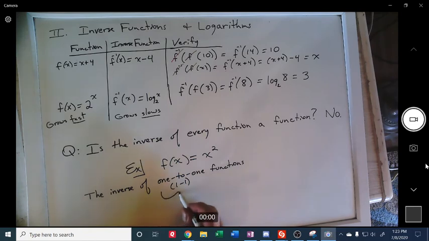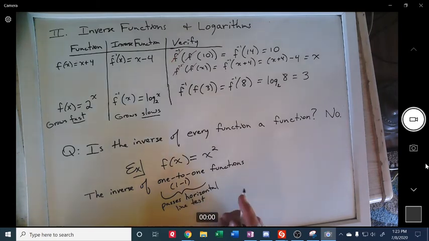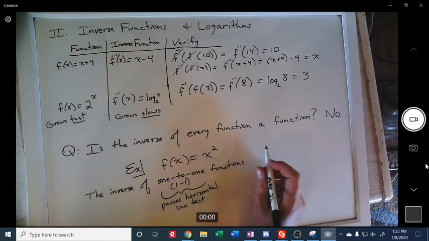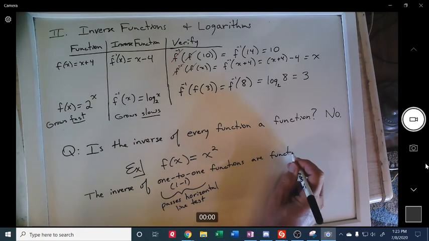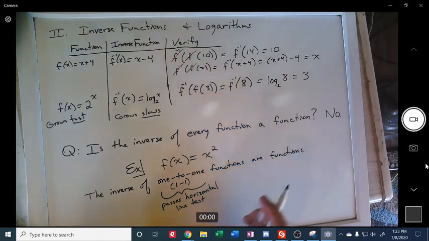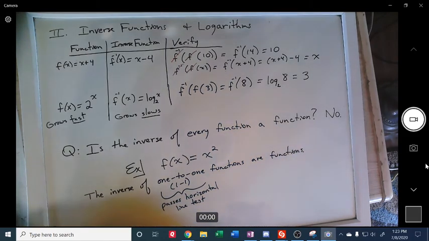And to be a one-to-one function, it passes the horizontal line test. The inverse of one-to-one functions are functions. But if the function wasn't one-to-one, then when you take its inverse, the new thing won't be a function anymore.